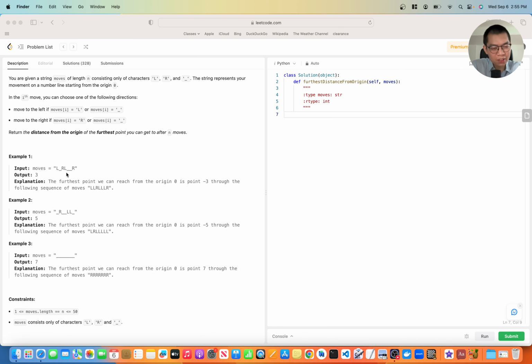If you take the absolute value, -3 is 3 away from the origin 0. So the answer is 3, right?